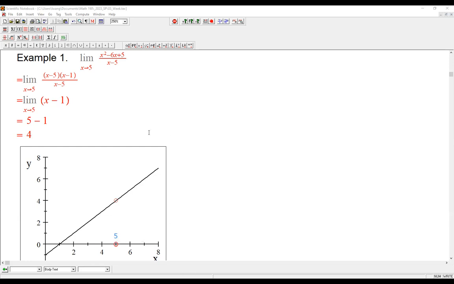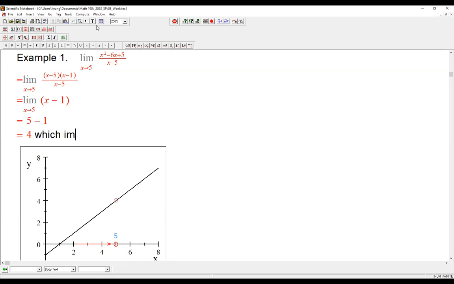Okay, so when this limit exists, it means x is approaching 5 from smaller than 5.